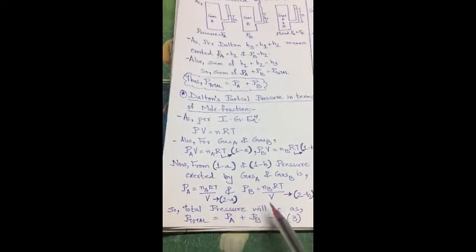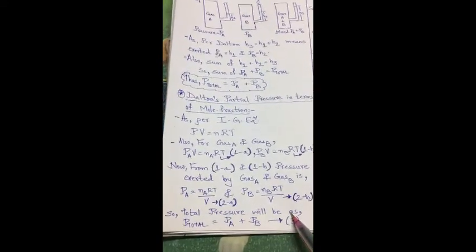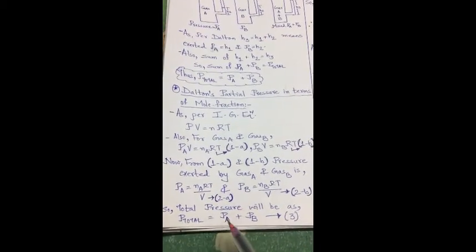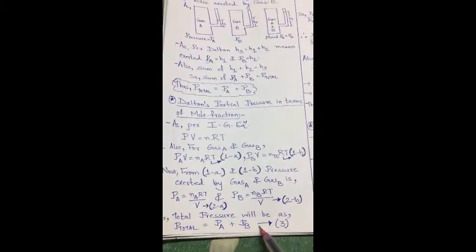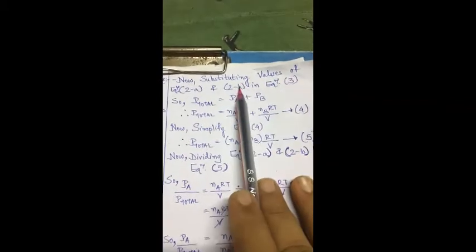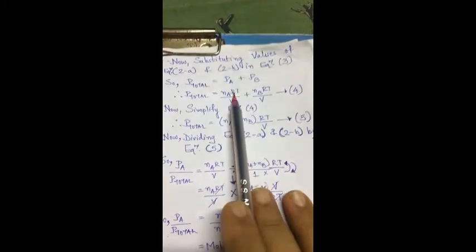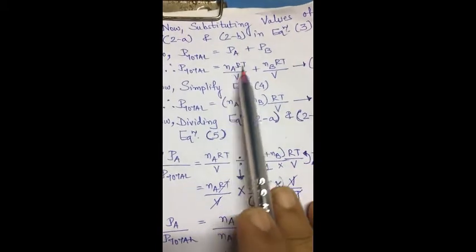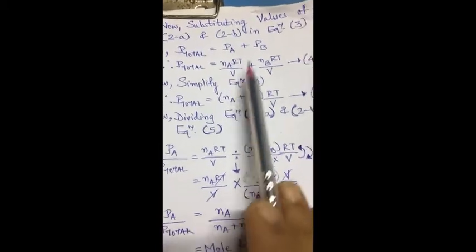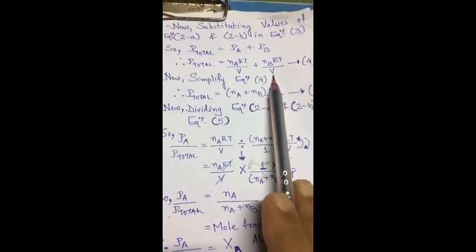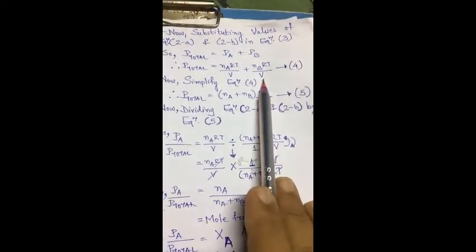So total pressure will be, according to Dalton's partial pressure law, P total is equal to PA plus PB. This is our equation 3. Now substituting the values of 2A and 2B, that is the values of PA and PB, what will we get? See here, PA is equal to nART upon V and PB is equal to nBRT upon V. This is our fourth equation.